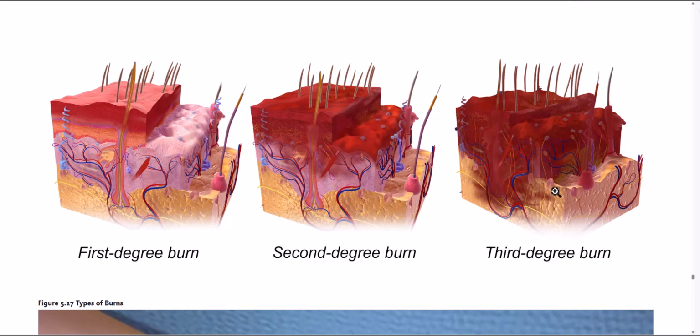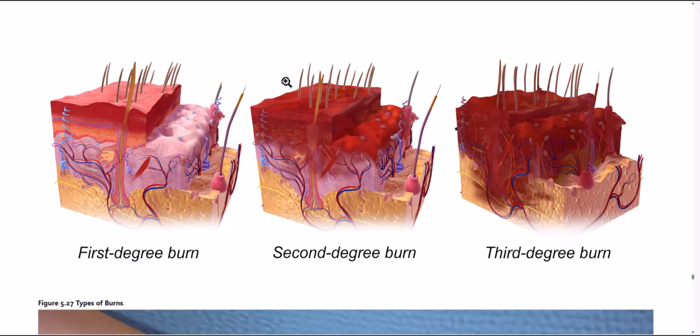But again, when you get a deep cut or a deep burn and you have lost all of the skin layers, where does that scab form from? If you've ever had a deep wound, you know that the tissue regenerates from underneath and comes up, and your scab comes from the edges and closes in.